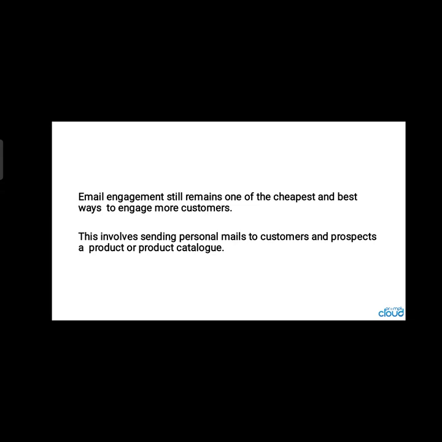Social mails are relevant with LinkedIn, Facebook, Instagram, Twitter, and all those sites where you have your user ID and password, as a paid member or free member. So this is how email engagement is kept for customers.